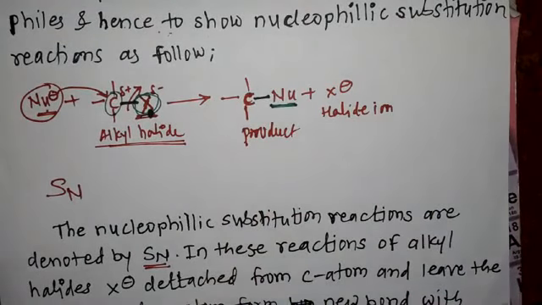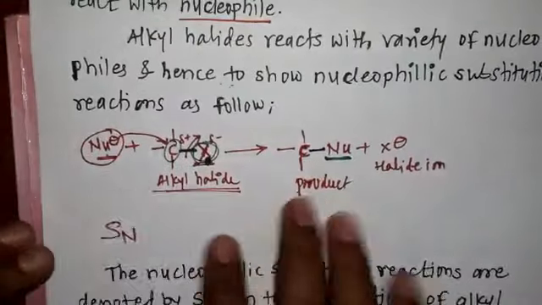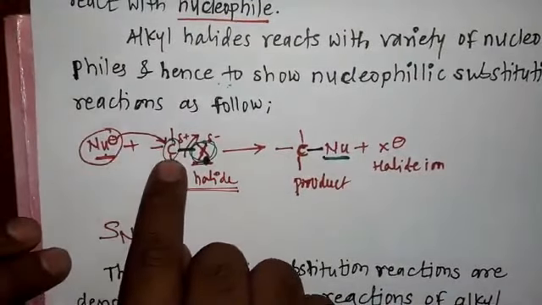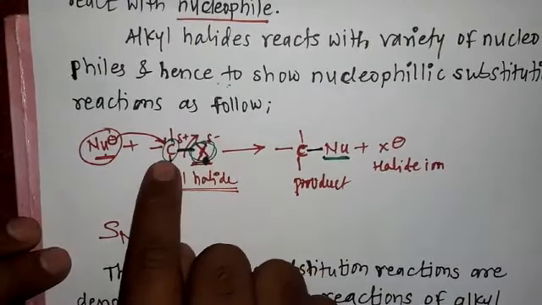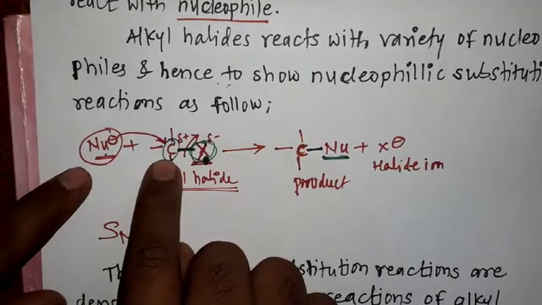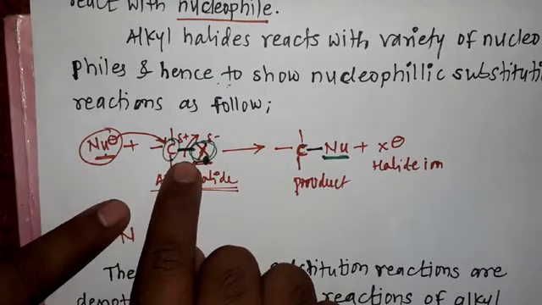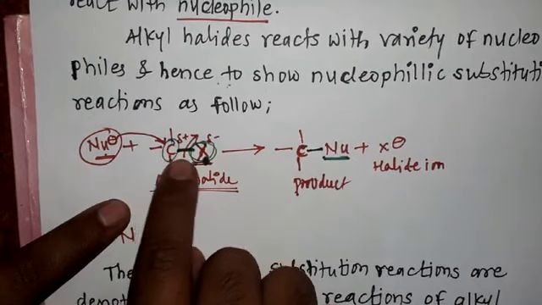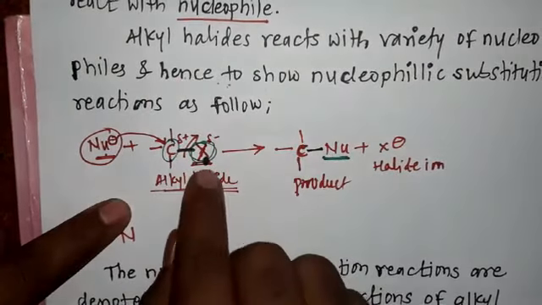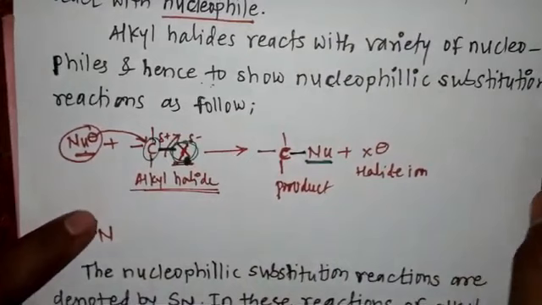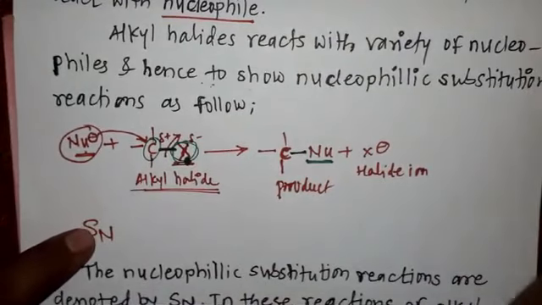Means here, due to the attack of this nucleophile, halide detaches from carbon and a new bond forms between carbon and nucleophile, and the former bond between carbon and halide breaks and halide detaches as a leaving group.